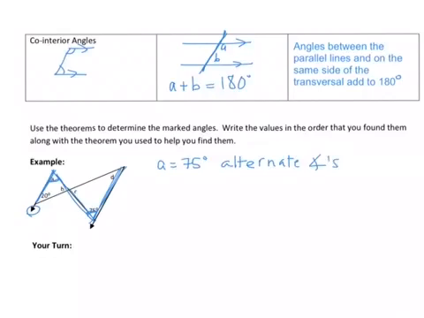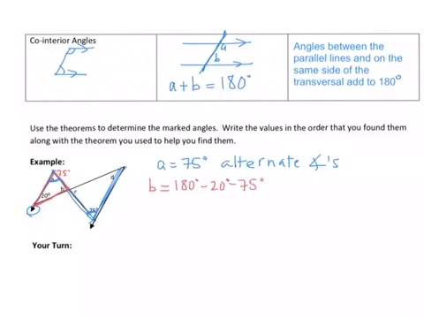Now, the next thing I'm noticing, now that I know A is 75 degrees, I'm noticing I have a little triangle here. And I know that the angles inside of a triangle have to add up to 180. So that means my angle B would equal 180 degrees, take off the 20-degree angle and take off the 75-degree angle.